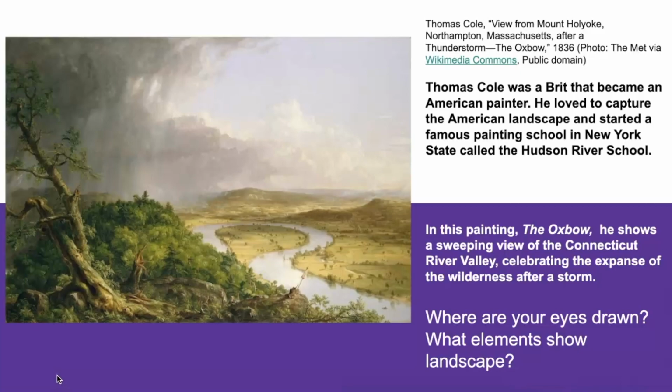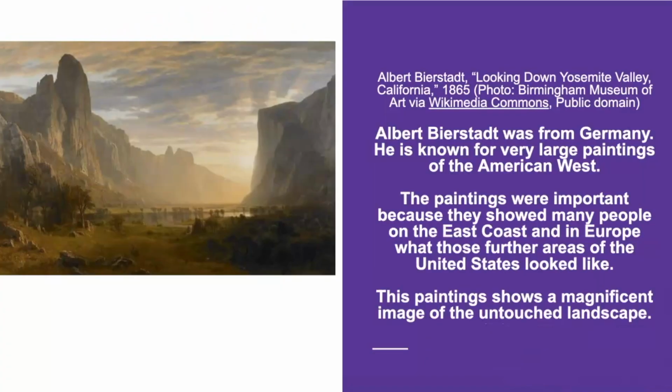In this painting, you can see this sweeping expanse of the sky after a storm, and you can see the storm moving off on this side. We've got our foreground, our middle ground, and our background, and we've got this big old sky.